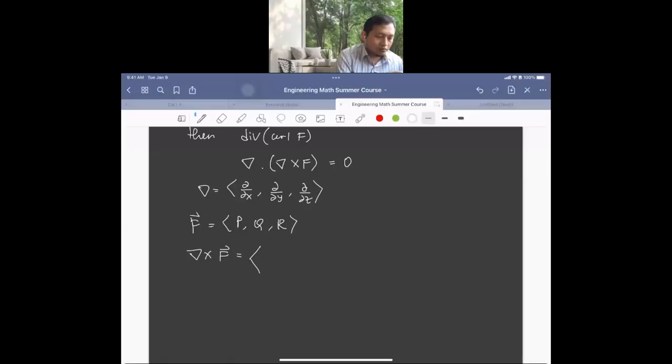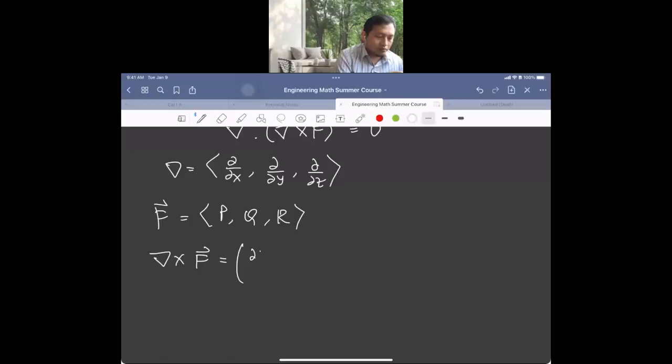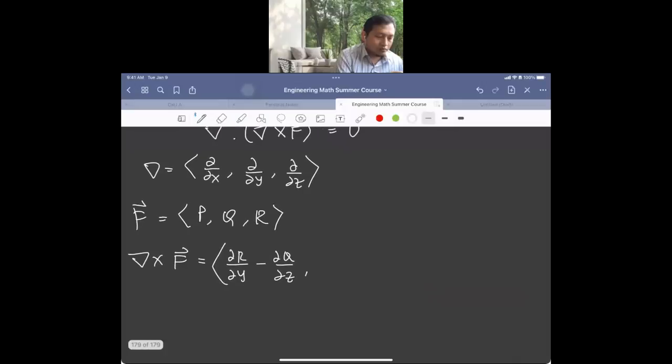We can write this with dou r dou y minus dou q dou z. This is i, and then minus, or maybe just writing with commas.